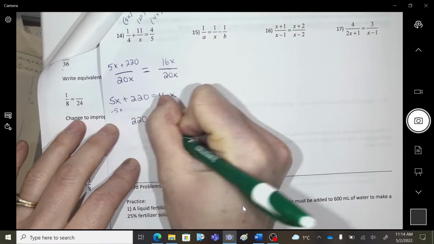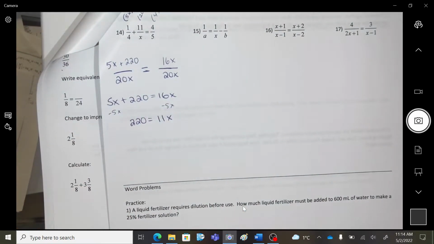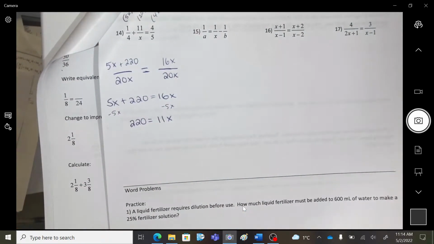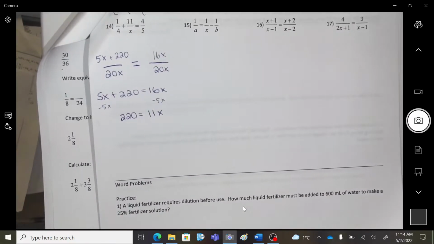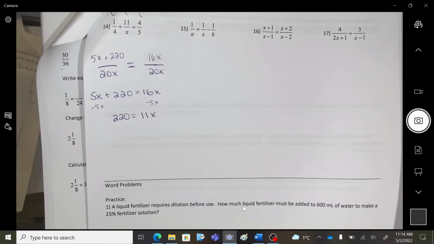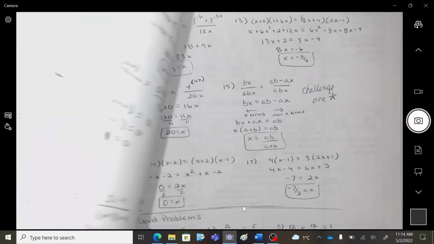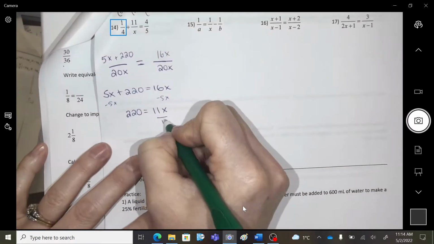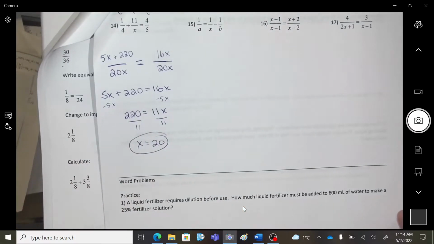So 220 equals 11x. And then divide by 11 and you get x equals 20.